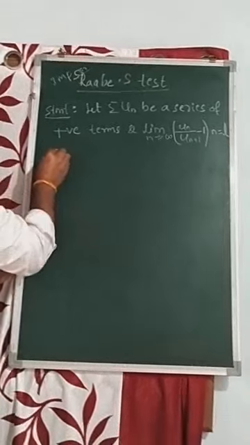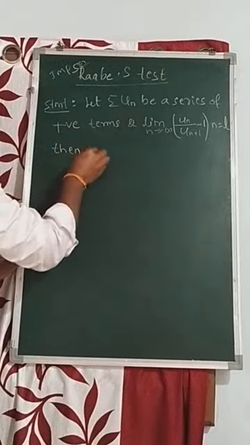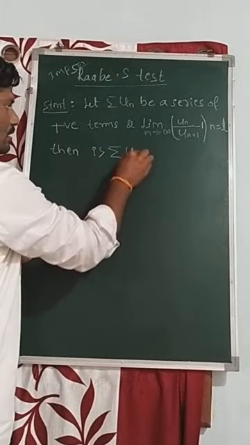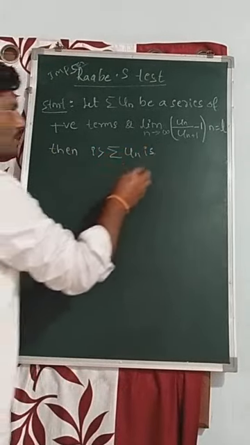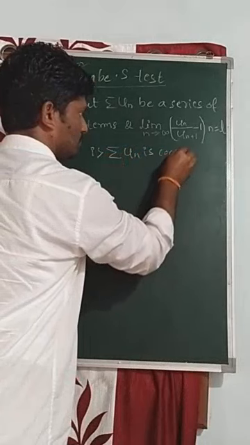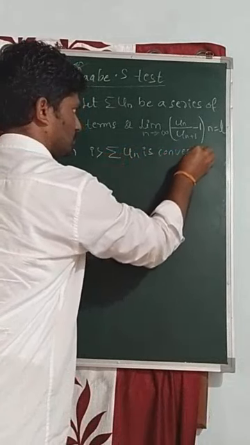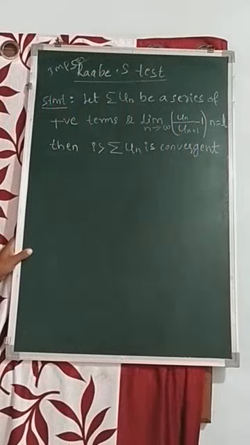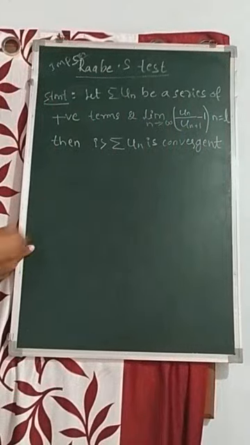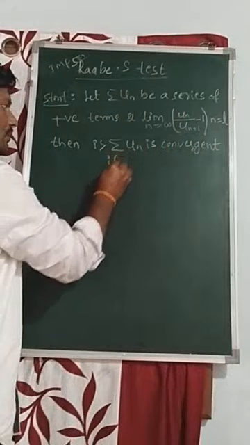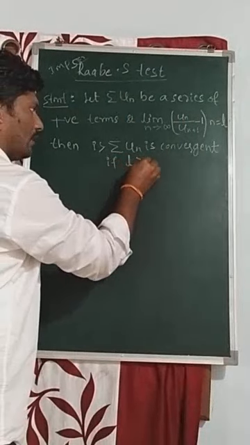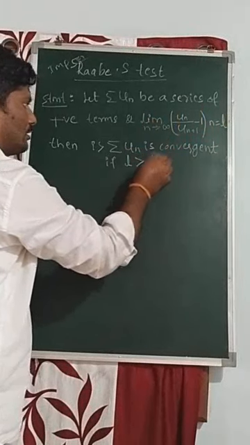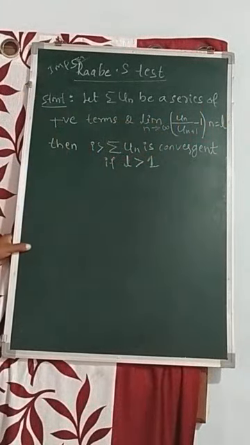Then first condition, summation of un is convergent if L is greater than 1. If the given quantity L is greater than 1, summation of un is convergent.